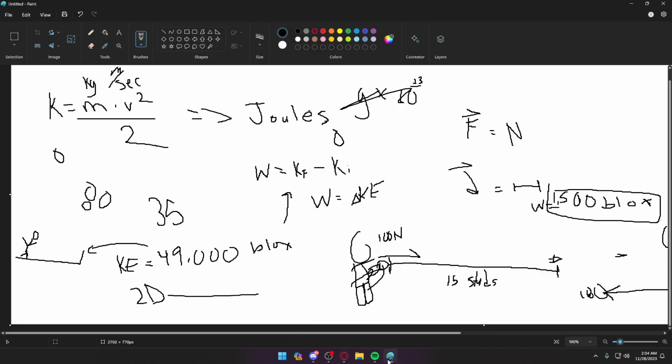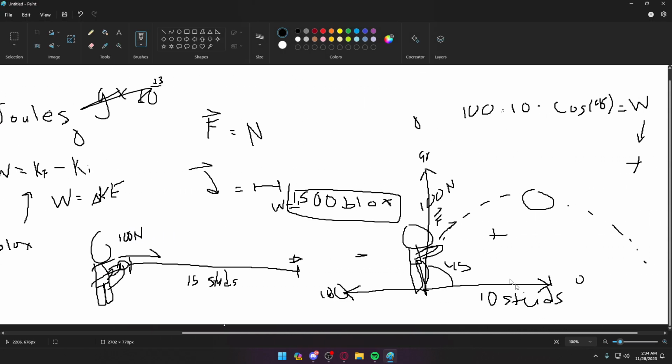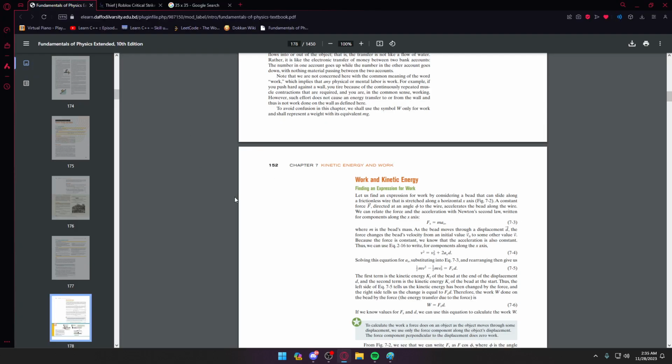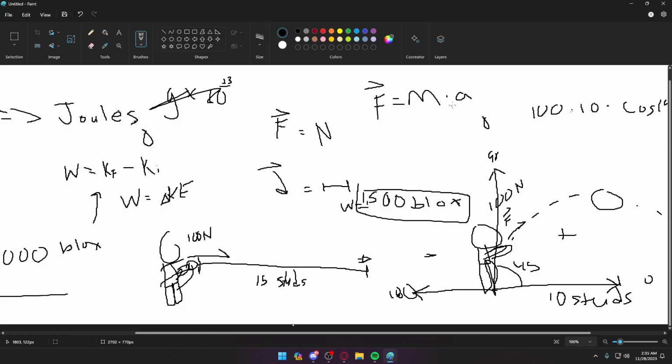Also your F: if you need F and you can't find F, F is equal to your mass times your acceleration. For example, if you're given acceleration in a problem, or acceleration in a car, you just put that in as a value.